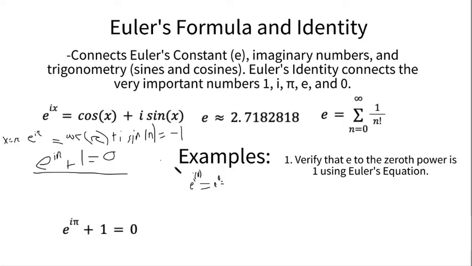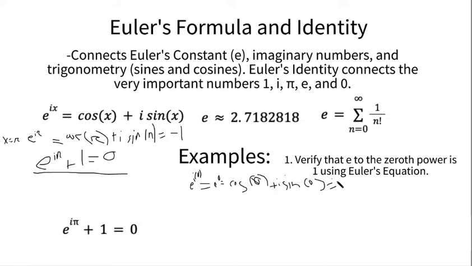Equals, because i times 0 is 0, cosine from Euler's formula of 0 plus i sine of 0. Just plugging in 0. So i sine of 0 is 0, so i times 0 is just 0.